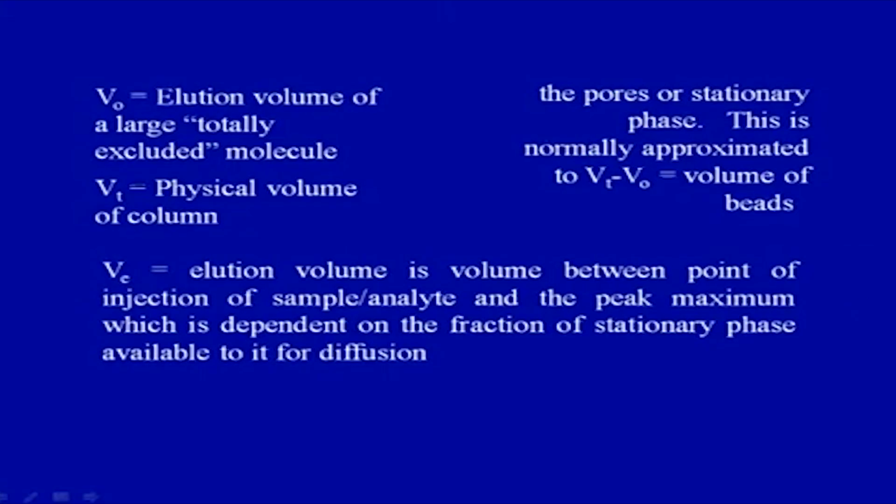There is another term called elution volume, which is the volume between the point of injection of the sample analyte at the top of the column and the peak maximum, and it depends on the fraction of stationary phase available to the analyte for diffusion. So, elution volume is the volume required for eluting a particular analyte, from the point where you inject the sample to the point where a peak appears, or that analyte is eluted.